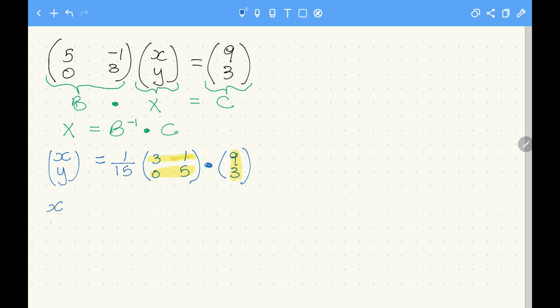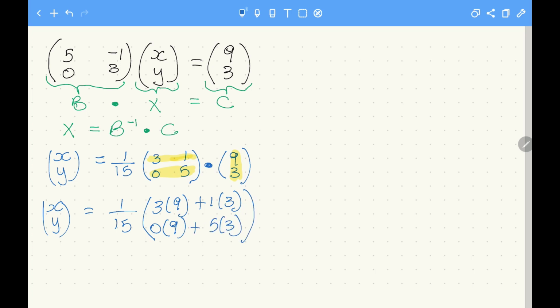So let's bring down x, y is equal to 1 over 15 multiplied by, we have 3 times 9 plus 1 times 3 at the top. And that's our top row. Bottom row is going to be 0 times 9 plus 5 times 3.